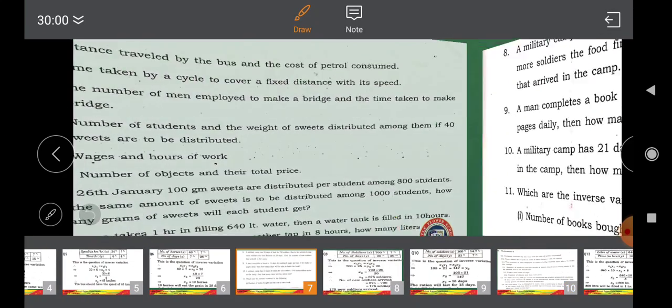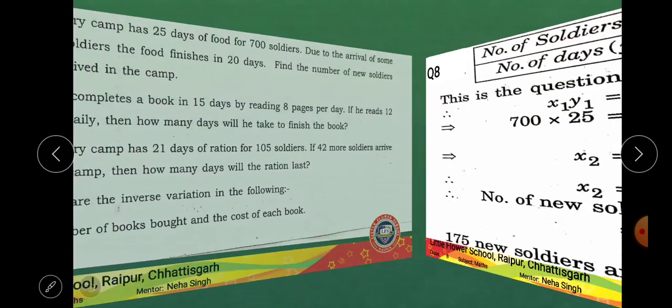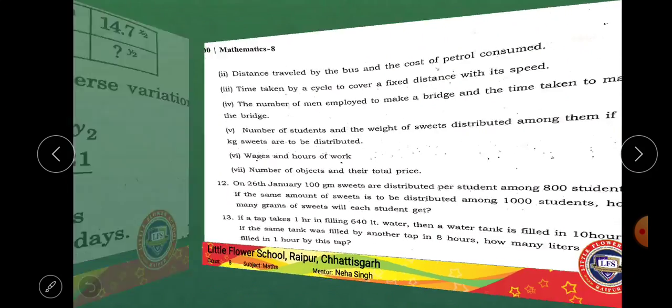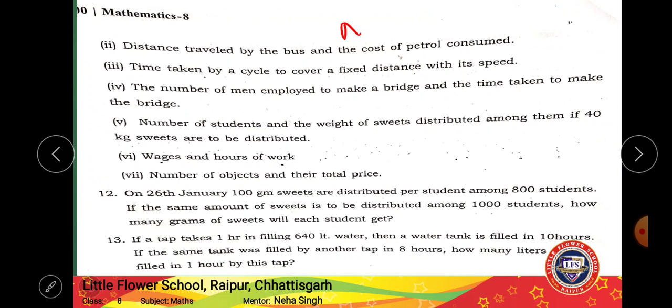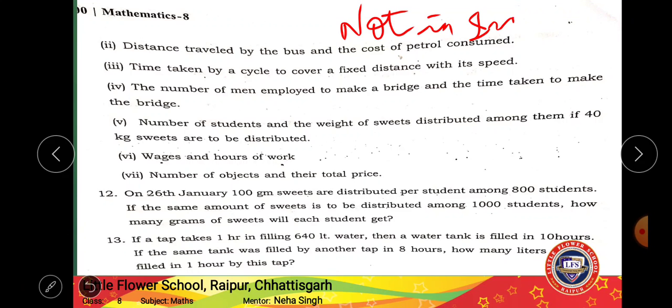So here also you will write not in inverse variation, because they are not in inverse variation. Next, here also it is not in inverse variation. Here also you are going to write not in inverse variation. Time taken by a cycle to cover a fixed distance with its speed.